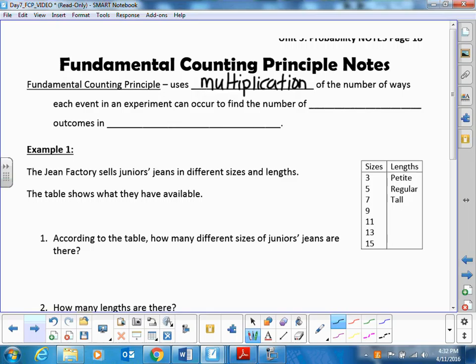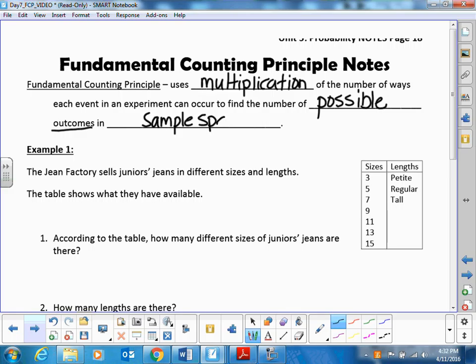So it uses multiplication of the number of ways each event or experiment can occur to find the total number of possible outcomes, or the sample space.